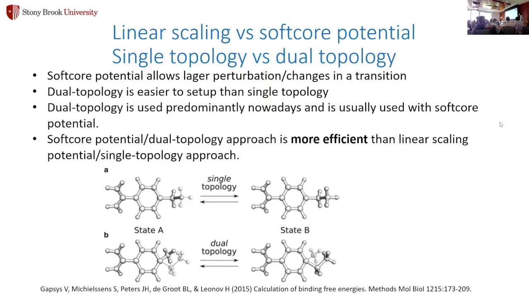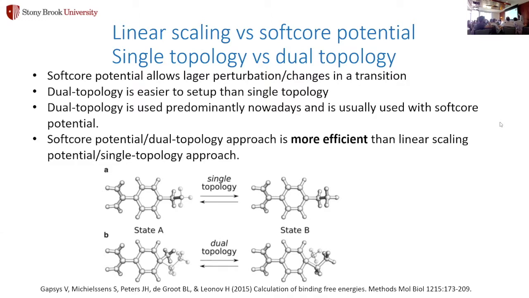And dual topology is easier to set up than single topology. These two combined, soft core potential with dual topology, are just more efficient than linear scaling, and this approach is used predominantly today instead of the linear scaling single topology approach. So this is what makes it different.